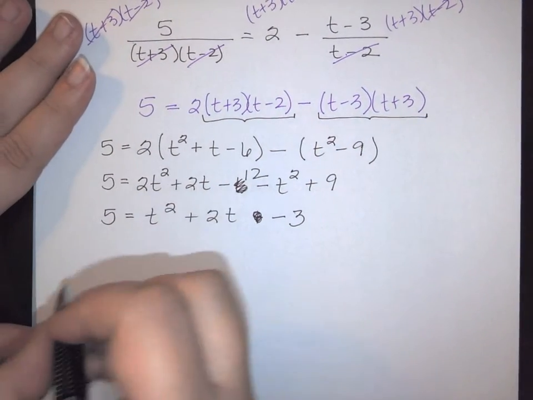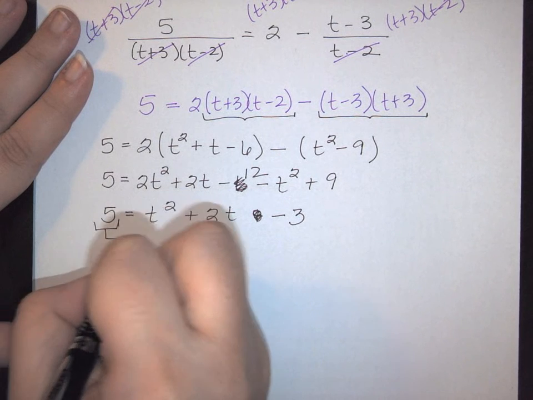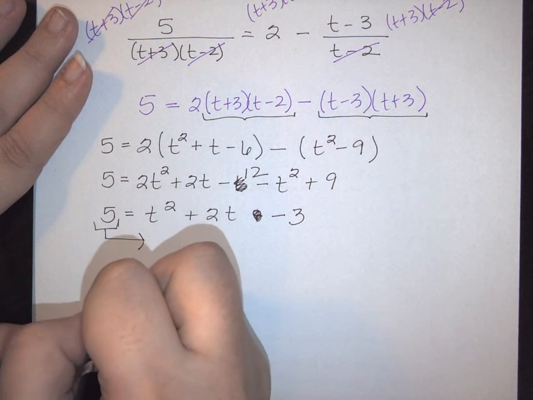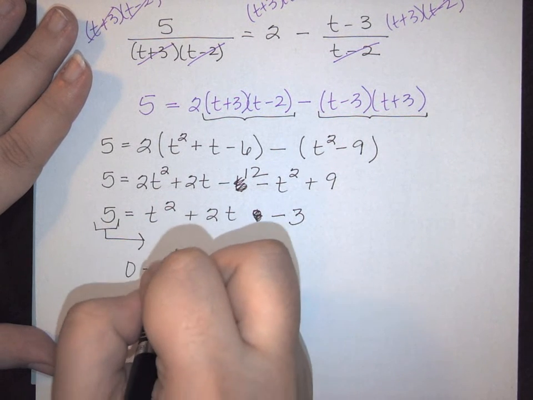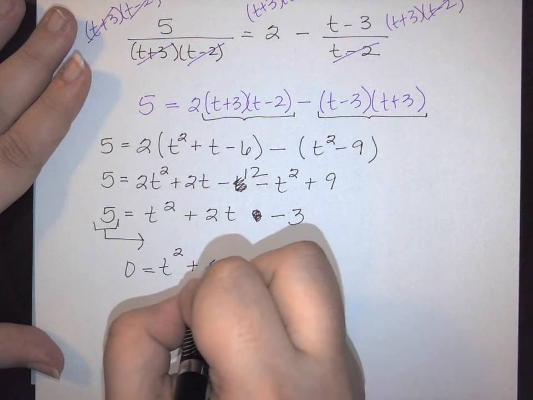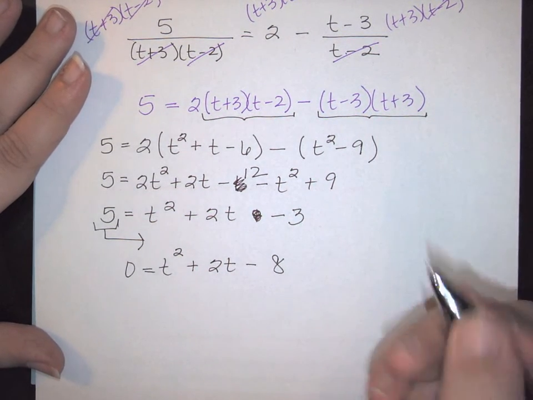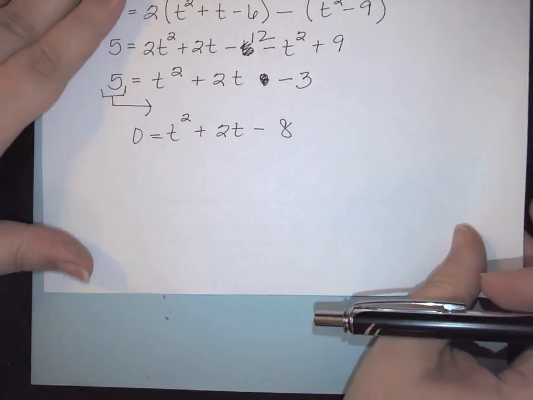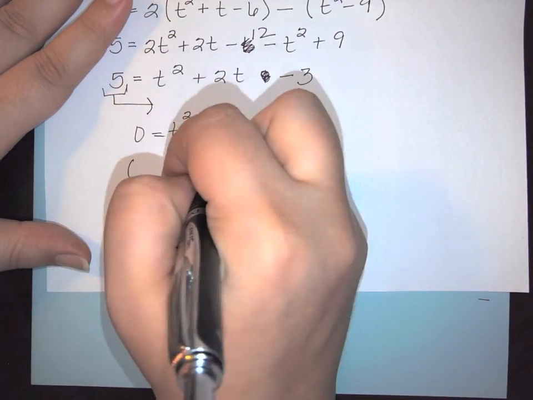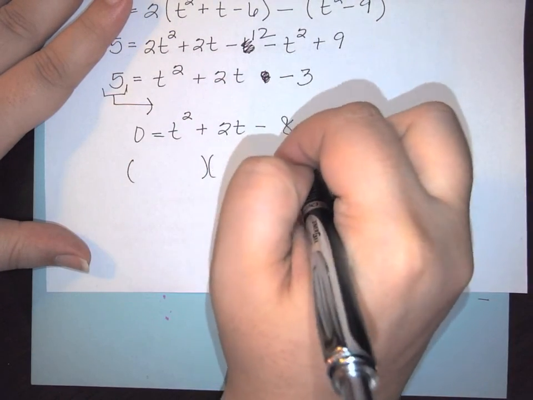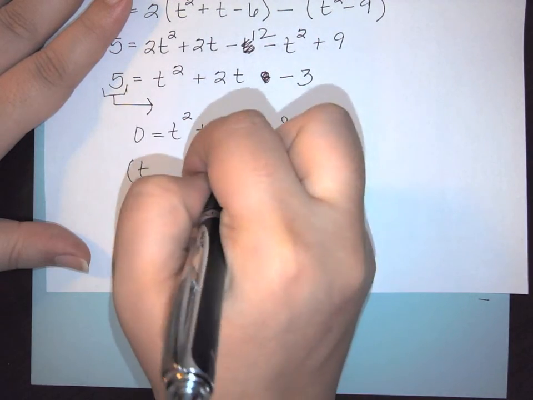And then I need to take this 5 and move it over. So I get that 0 is equal to t squared plus 2t minus 8. In this case, I need to solve for t. So again, I can factor it down into its parts. So I get t and t.